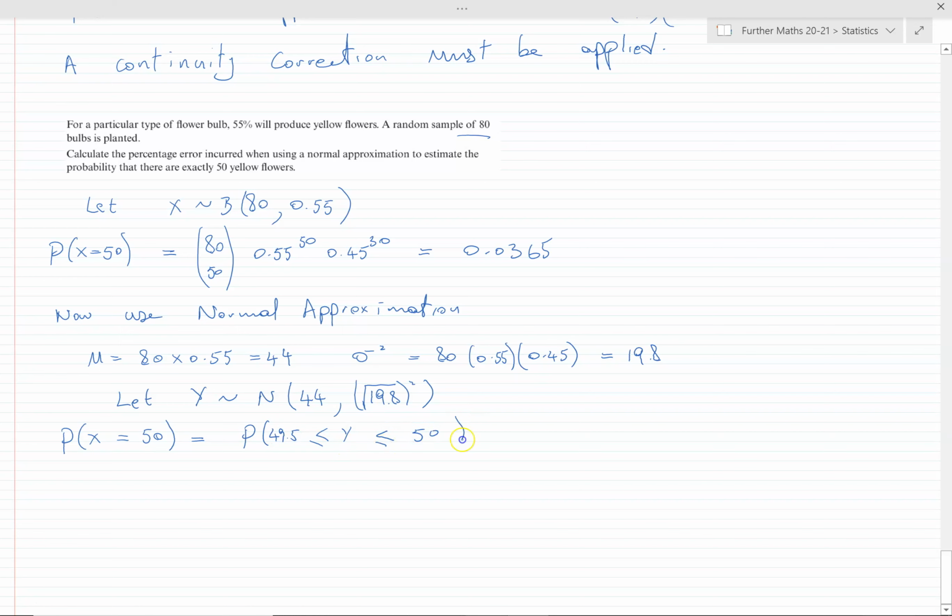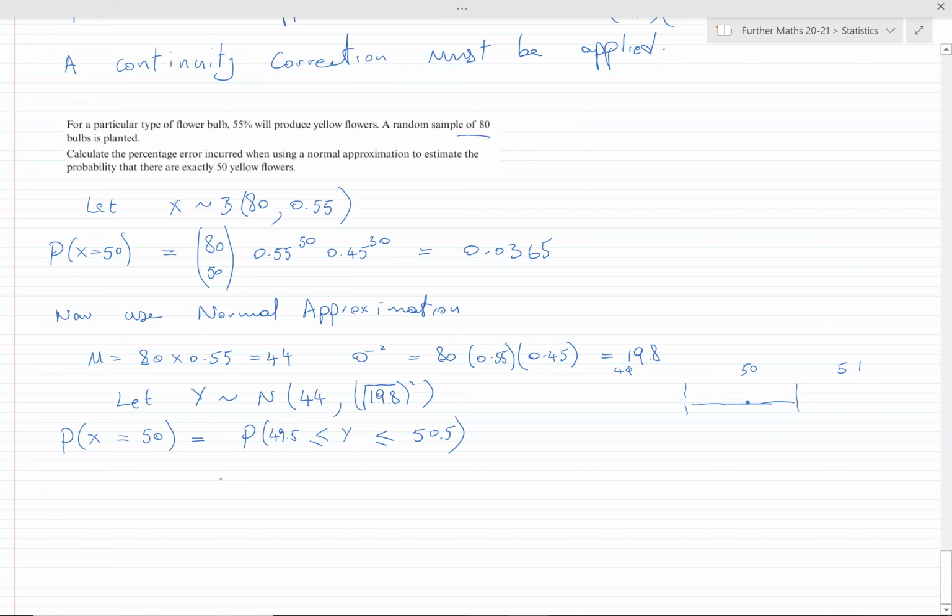I can put a strict or inclusive inequality there, it makes no difference. Basically, you've got the value 50 here, and we go 0.5 either side to allow for this thing called the continuity correction, because we're now dealing with the continuous distribution. Now we can go straight to the calculator to work that out, and then we can work out our percentage error.